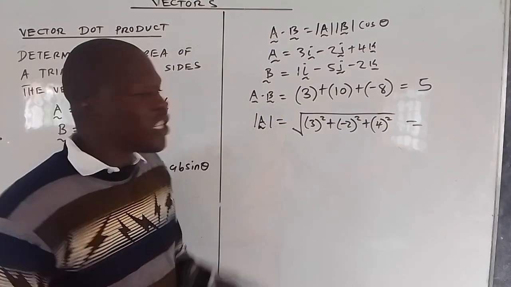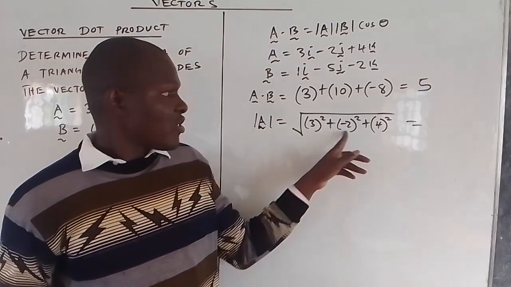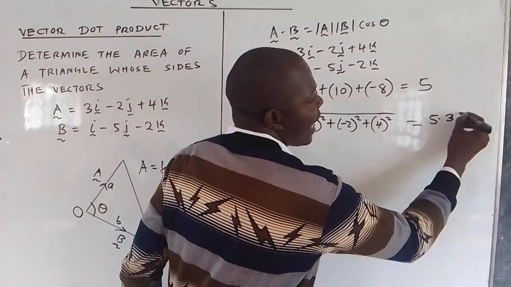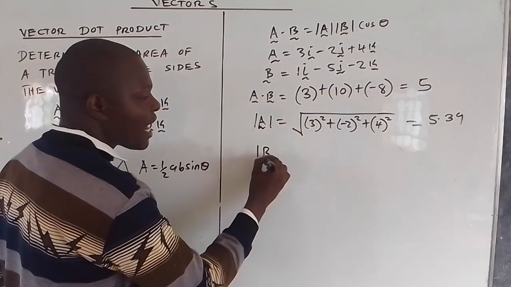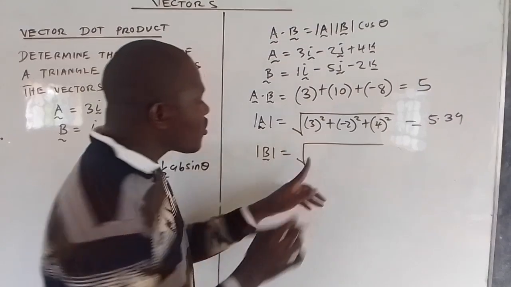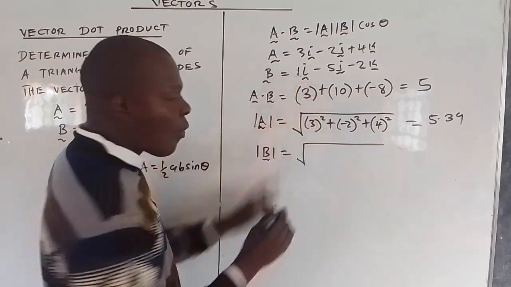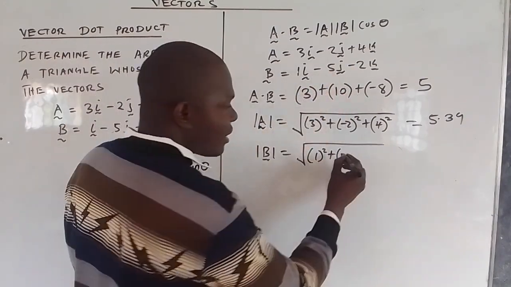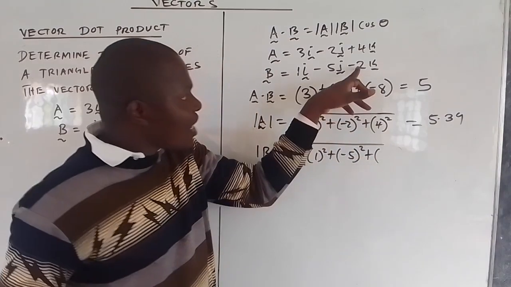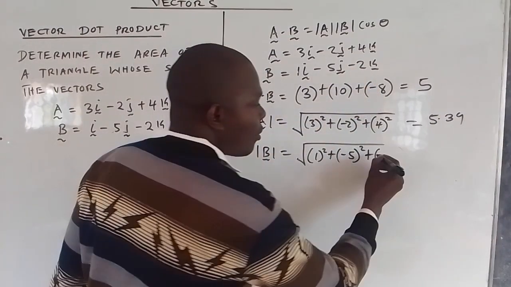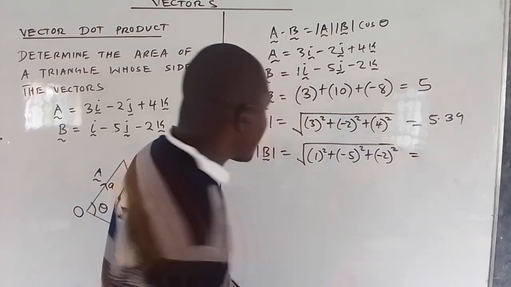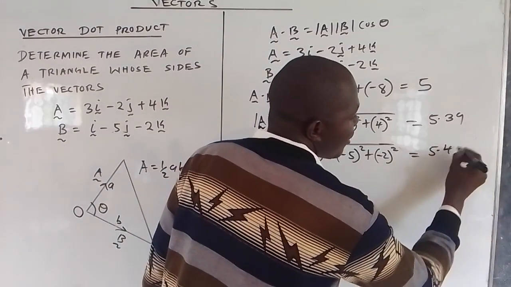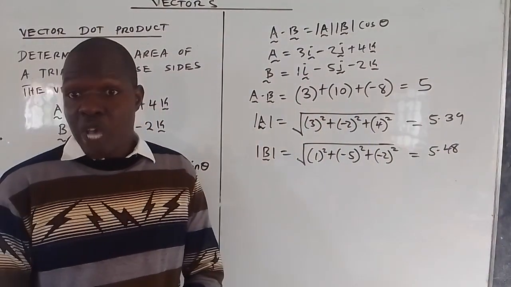What do you get? 5.39. Then the magnitude of vector B: 1 squared plus negative 5 squared plus negative 2 squared. You get 5.48.